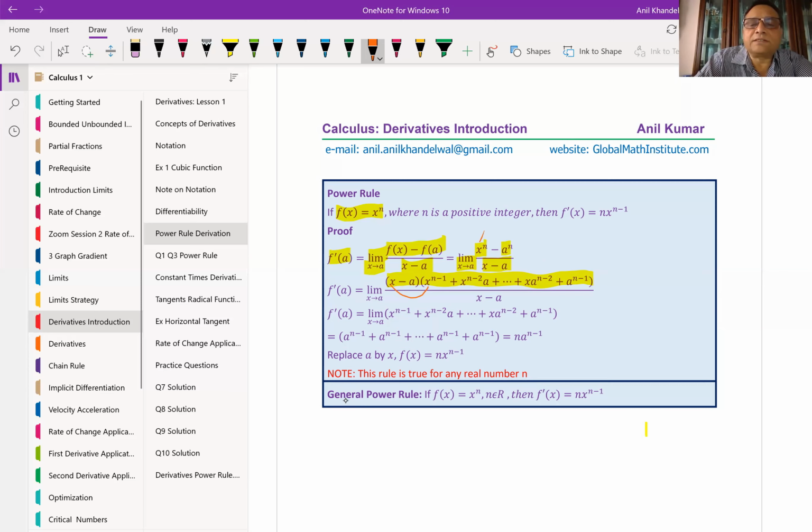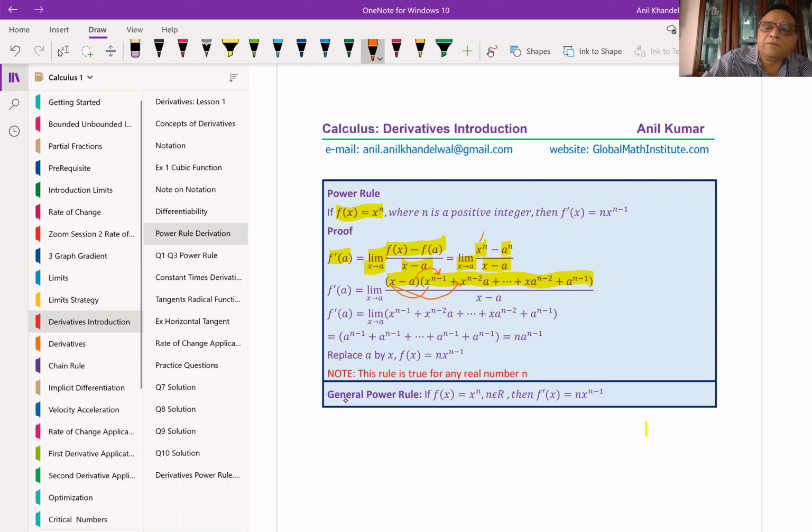And when you do x times the next term, the power will be x to the n minus 1, right? And when you multiply the second time with a, a times x to the power of n minus 1, these two terms will cancel. You see that? When you expand, you'll find that.